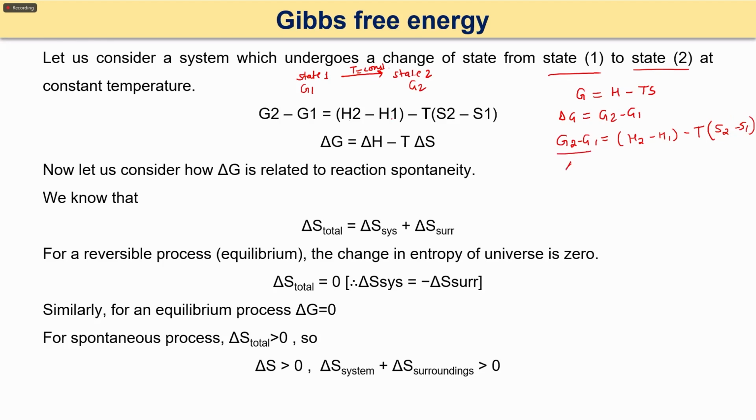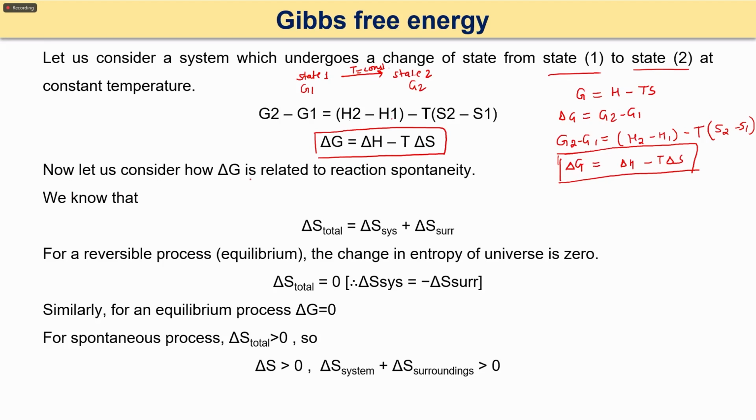G2 minus G1 is denoted as delta G, H2 minus H1 as delta H, and S2 minus S1 as delta S. So delta G becomes delta H minus T delta S. So if a system is undergoing a change from state 1 to state 2 at a constant temperature, the Gibbs free energy change will be delta G equal to delta H minus T delta S.